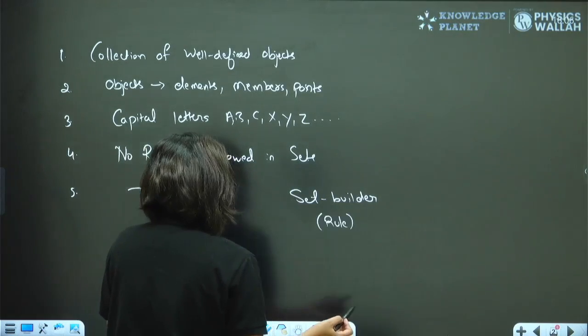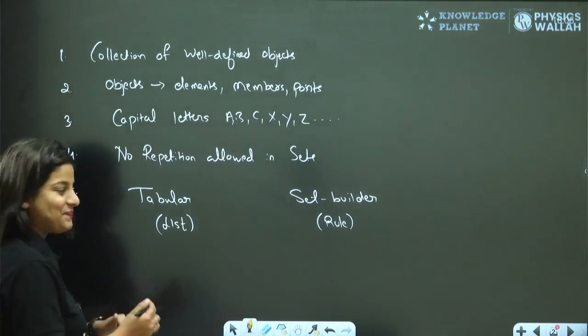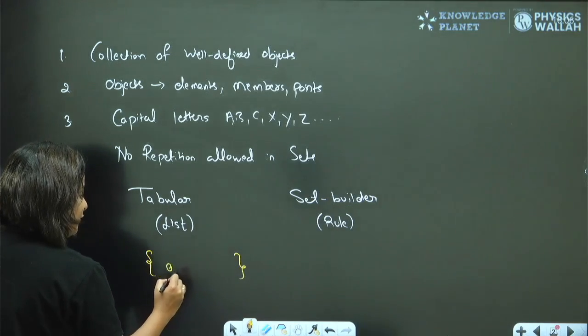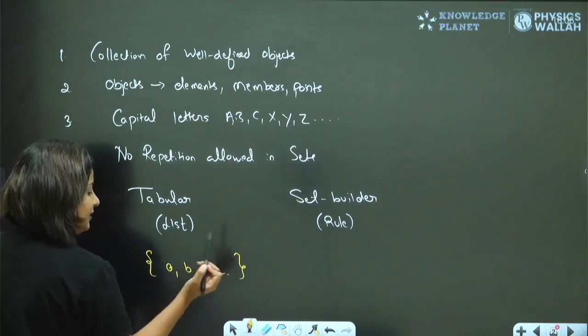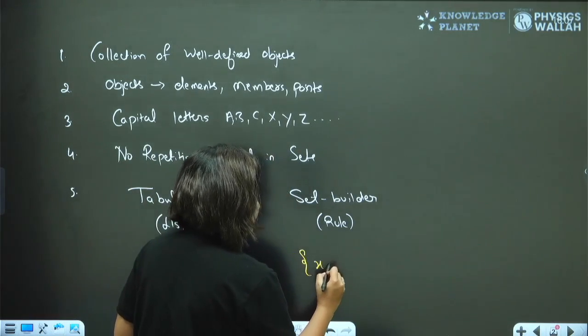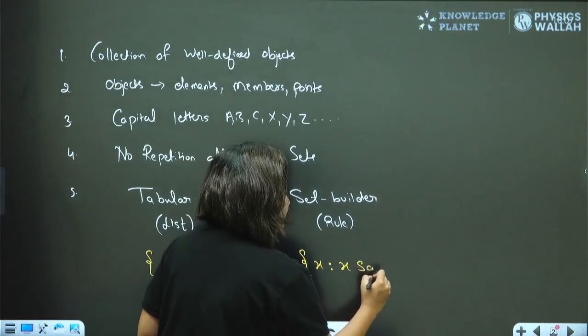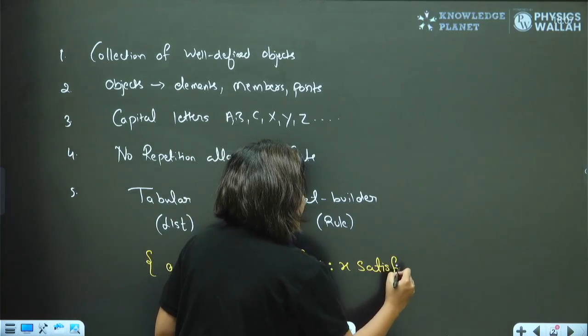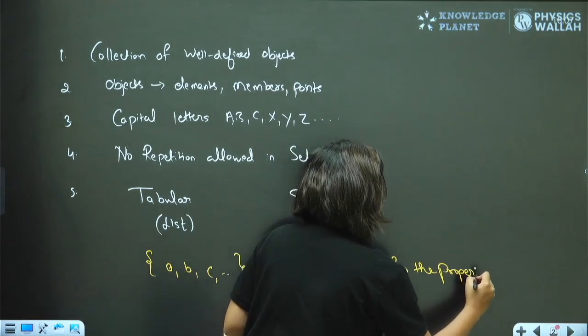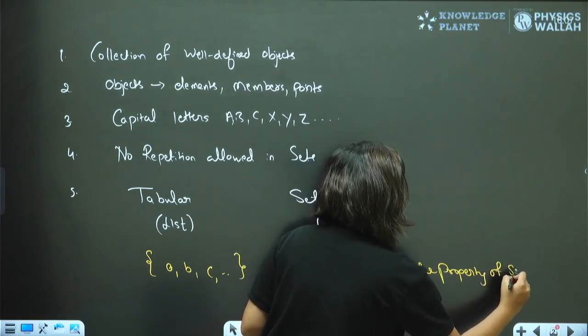What happens in tabular and what happens in set builder? In tabular form, we write the elements in curly brackets separated by commas. In set builder form, we write it something like this: {x : x satisfies the property of the set}.